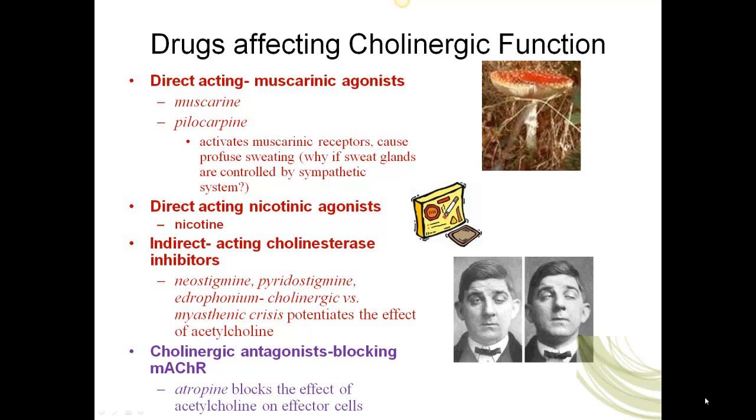Again, go back to our balance analogy. So atropine blocks muscarinic acetylcholine receptors, and sympathetic effects should be seen in the patient. Increased heart rate, decreased gut motility, increased bronchodilation, and also pupillary dilation.